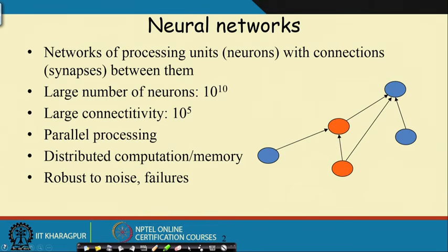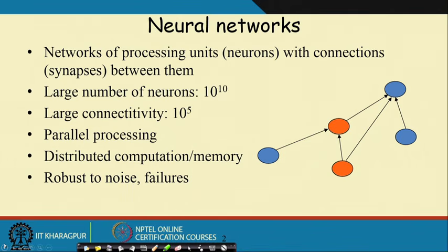So, the motivation was that you can perform a complex prediction task by connecting together a number of simple computer processing units, known as neurons, with connections between them known as synapses.